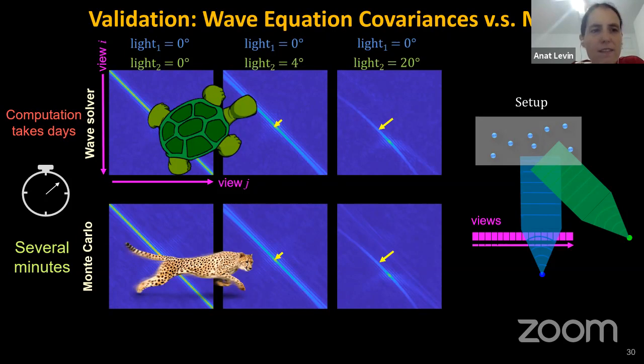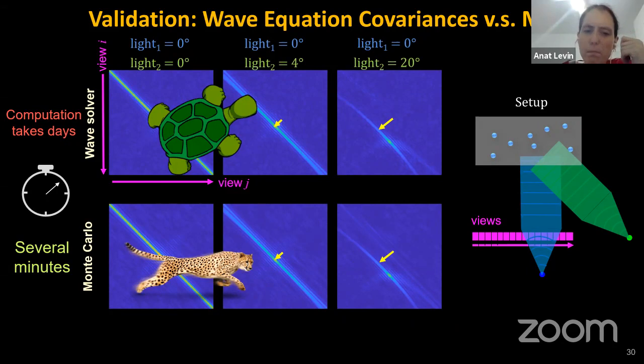The Monte Carlo algorithm runs in a few minutes. Well, to get the covariance from the wave equation solver, we burned a huge cluster for a week. And also because of the limitation of the wave solvers that we used, we did all of these comparisons only in flatland. But the Monte Carlo algorithm, we have no problem running it in 3D.